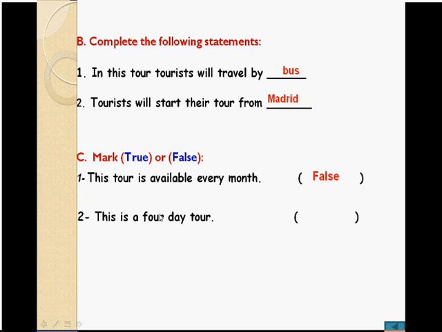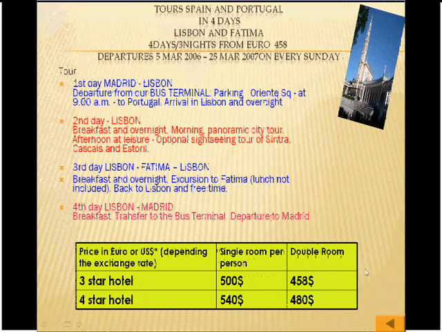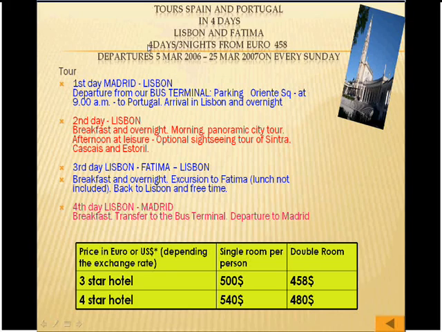Number 2, this is a 4-day tour. So we are looking here for how many days? The duration of the tour. Is it 4 days? Is it 5 days? Let's go back to the text and find out. So if you scan the passage, you'll find it on top, where it says 4 days 3 nights, and then if you look at the tour itself, you'll have first day, second day, third day, and fourth day.